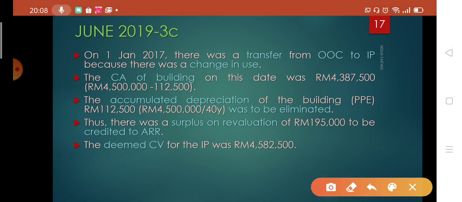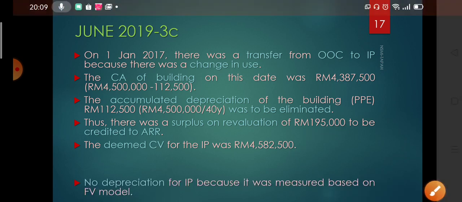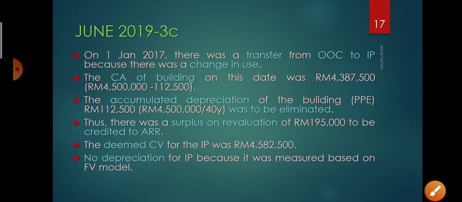You take the fair value on the date of transfer, which is 4,582,500, minus the carrying amount of 4,387,500. Then you will get the surplus on valuation of 195,000. There will be no depreciation for IP onwards because it is measured based on the fair value model, right?